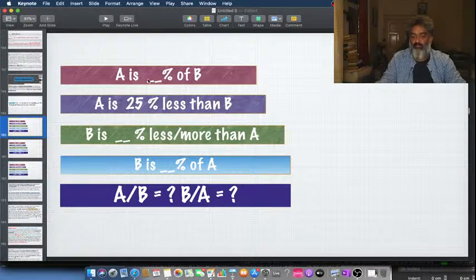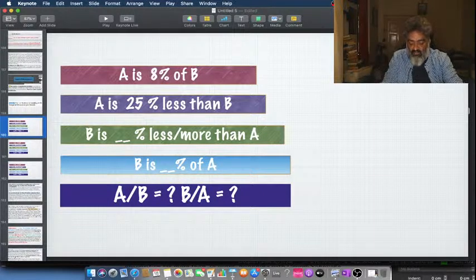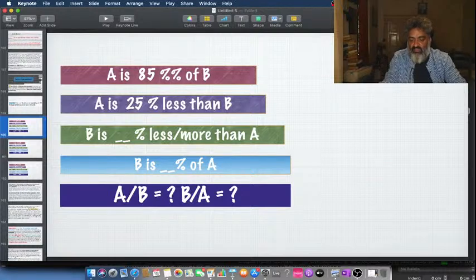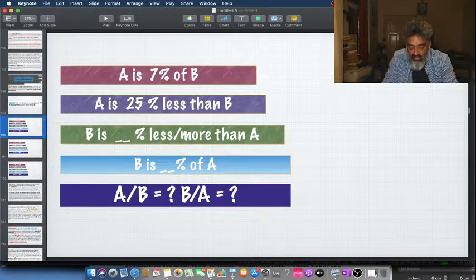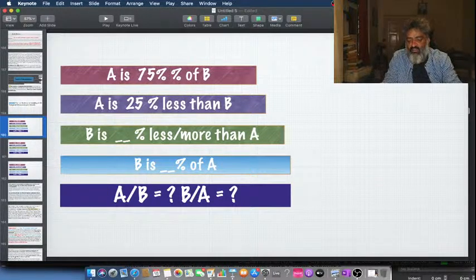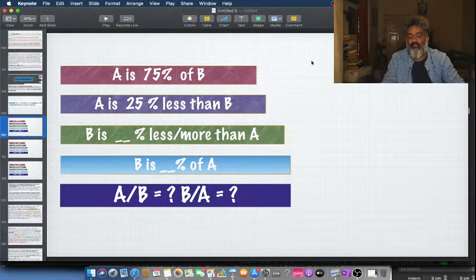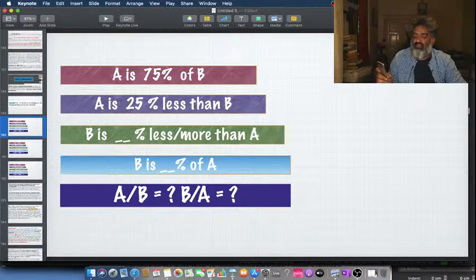Sayam has also given me B is 33.33% more.